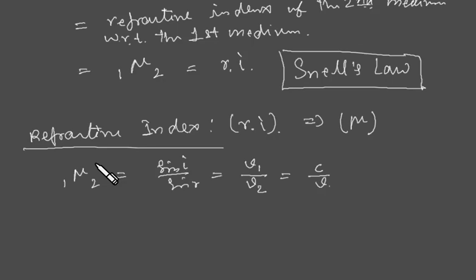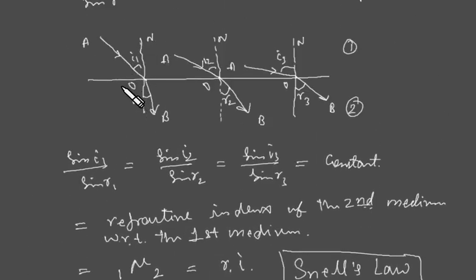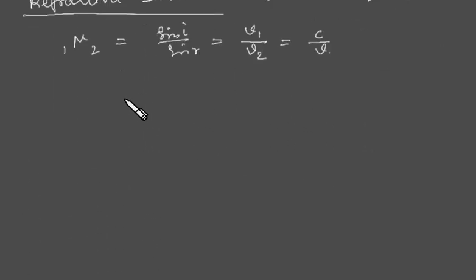When the first medium is air or vacuum, the refractive index of the second medium is called the absolute refractive index, which is simply denoted as mu, and for a medium, mu is c by v, the velocity of light in air or vacuum to the velocity of light in that medium.